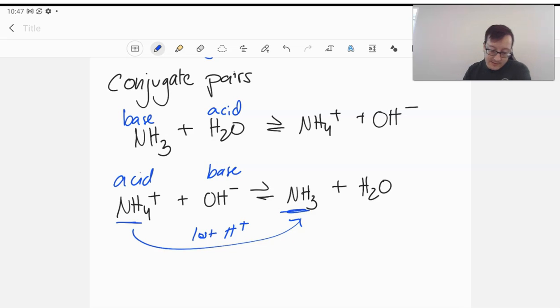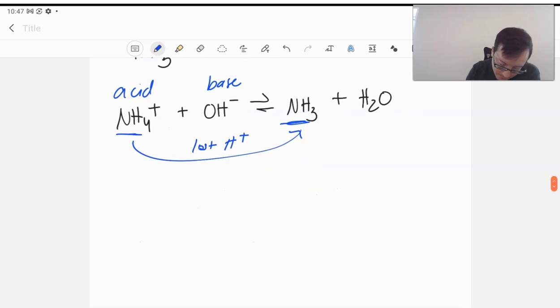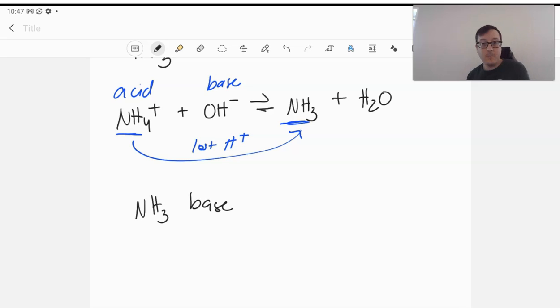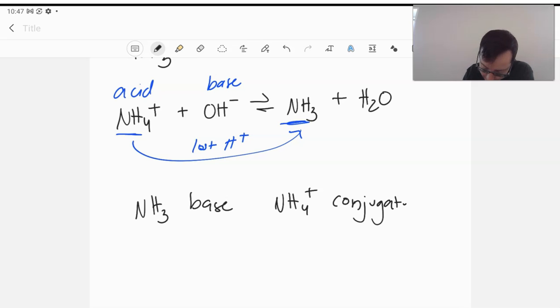We're going to see that ammonia, which we see acting as a base in the previous reaction, has ammonium as its conjugate acid. So NH3 and NH4 plus form a conjugate pair.